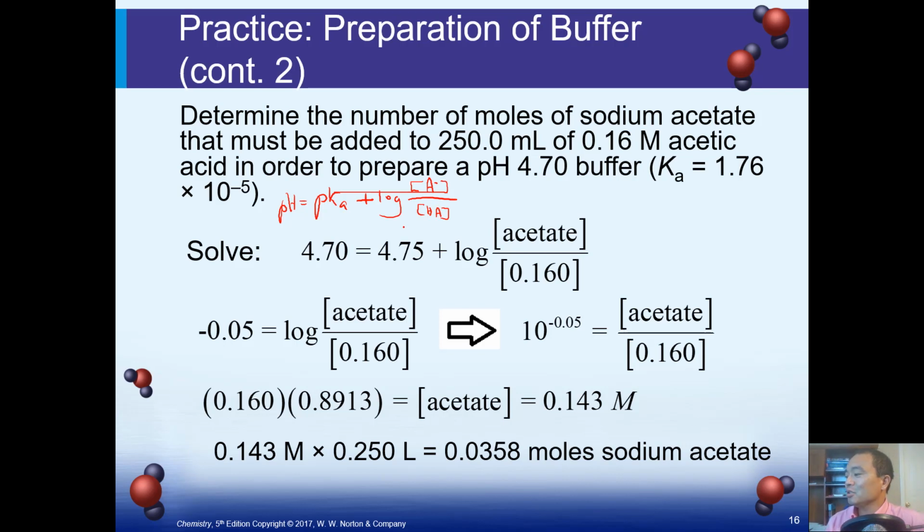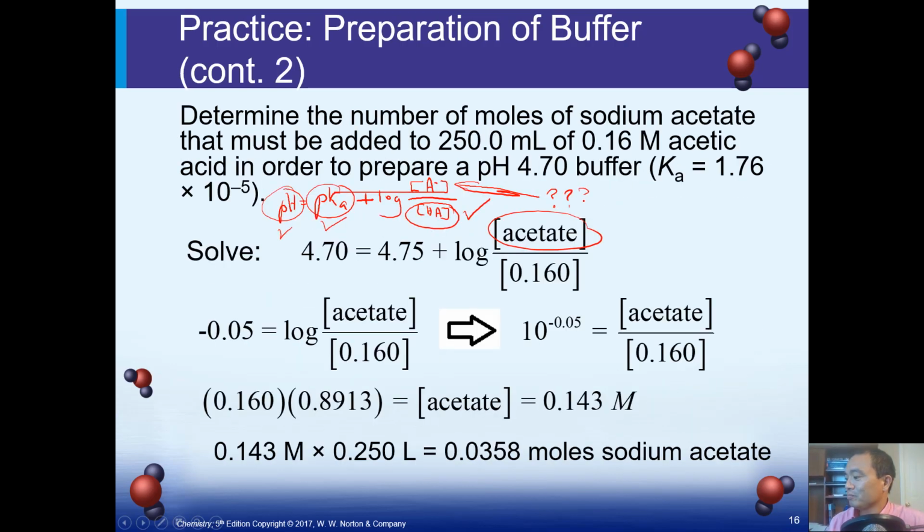The concentration for the acid component is known, and Ka is provided, so pKa is also known. pH is 4.7, which is provided. So through this equation you will be able to figure out the concentration for acetate, or A minus. With that concentration we can figure out the number of moles, because concentration times volume gives you moles. So first let's use the Henderson-Hasselbalch equation to solve for the concentration of the acetate.